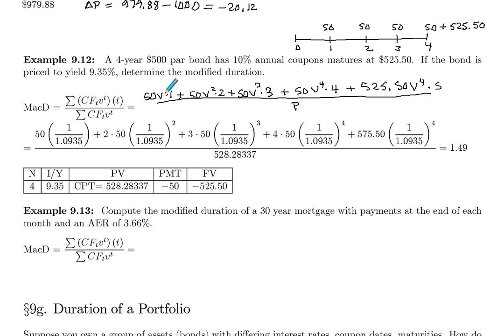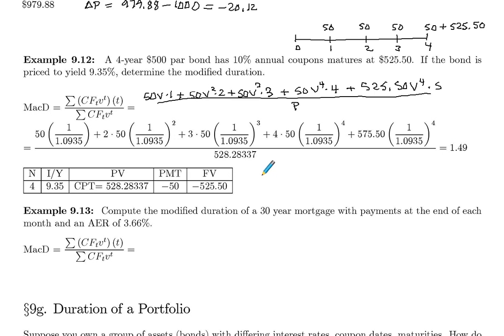And then I just went ahead and inserted my discount factor all the way along here. And if you do the computations there, you get 1.49 for your Macaulay duration. So then to finish up, we just need to find the modified duration here.